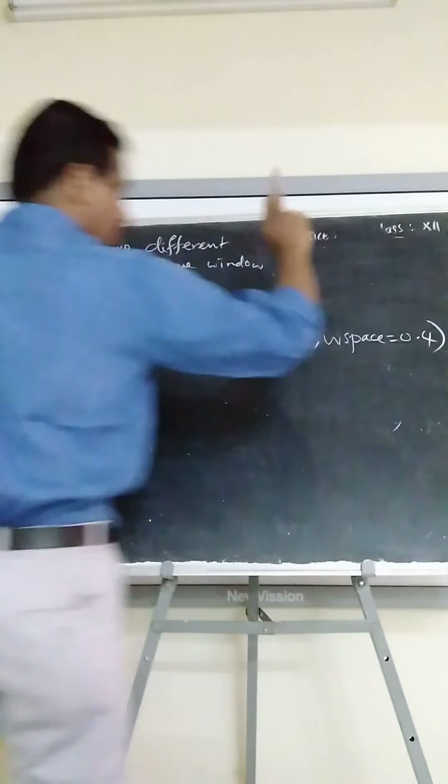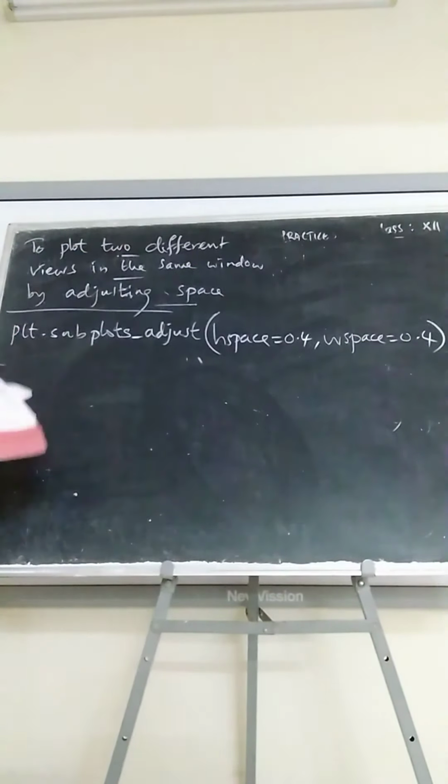That means length and width will be adjusted. This statement should be inserted before the second subplotting, that is before plt.subplot(2, 1, 2).